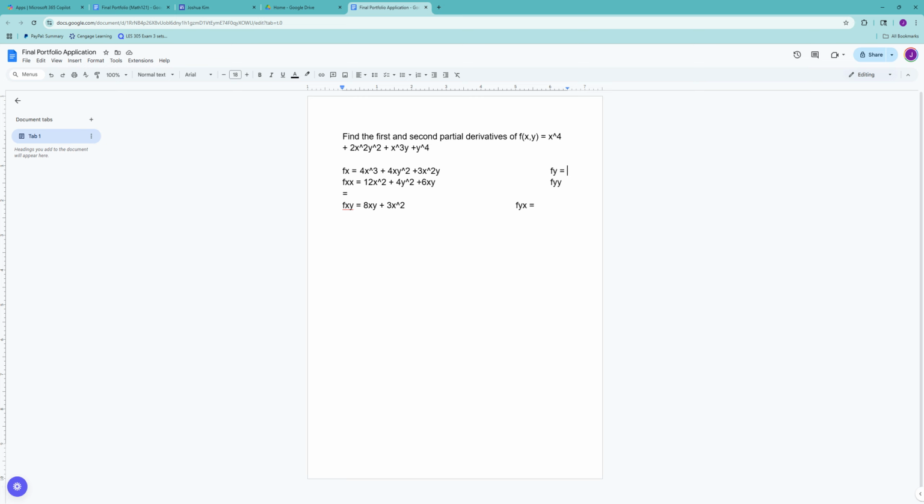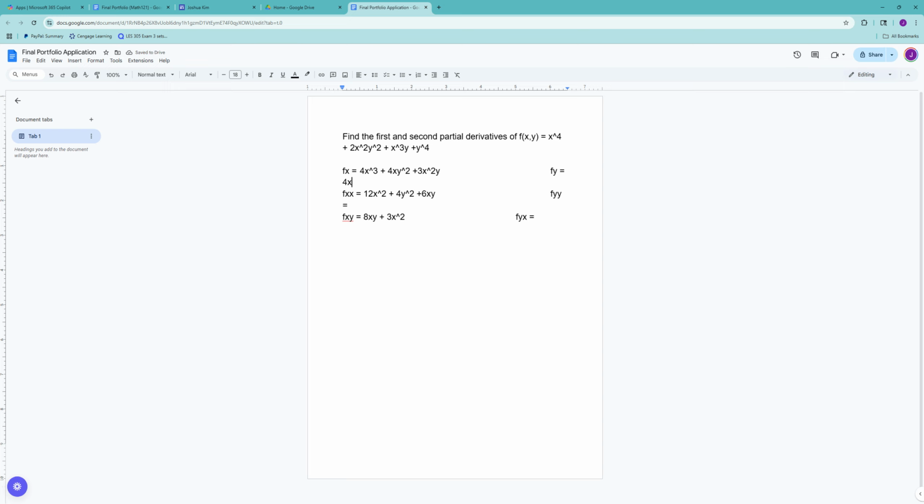To find f of y, we would find the derivative for the y, and that would cause us to leave out x to the power of 4. But for the second portion, the y squared is attached to 2x squared, so it would be 4x.